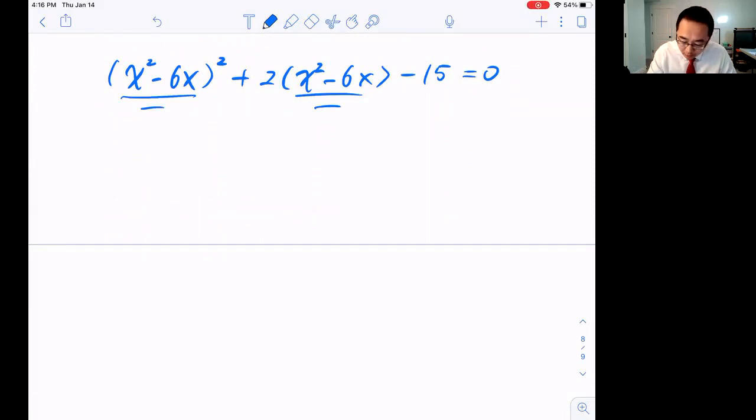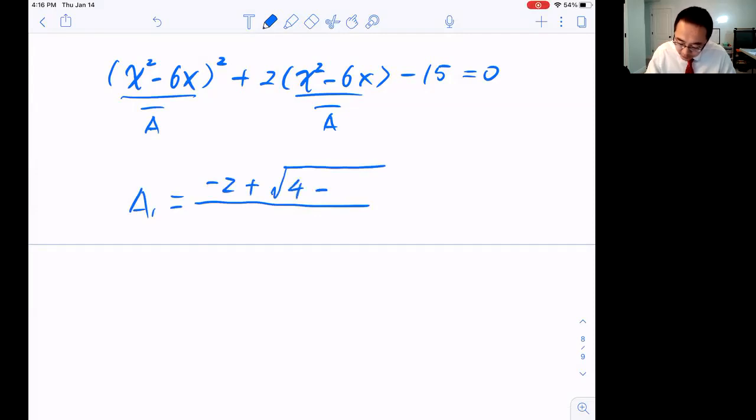So let's call this A, right? And solve for A first, where we know A1 equals negative 2 plus the square root of 2 squared, which is 4, minus 4ac. So 4 times 1, this is 1 in front of A, right? So you don't need to write that out.